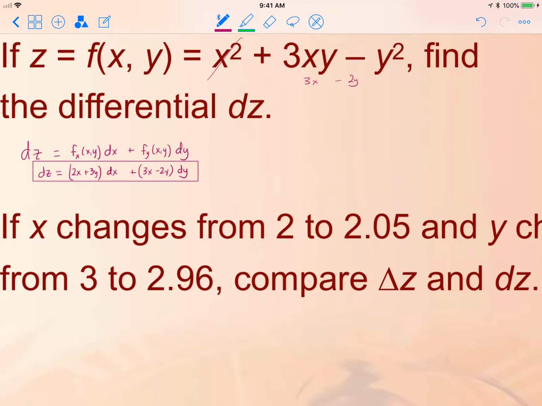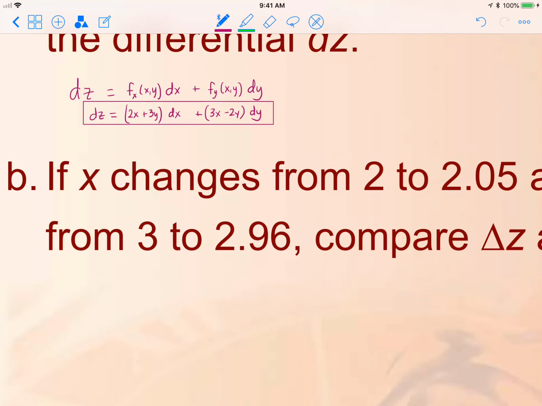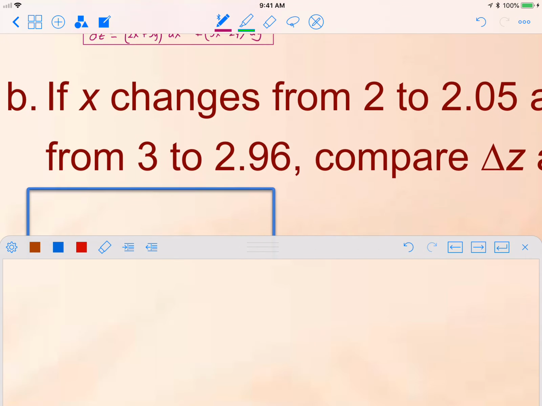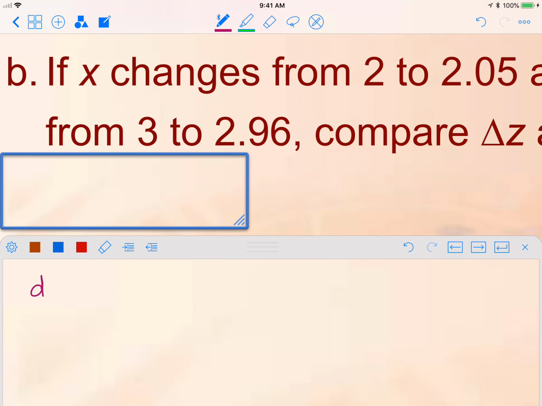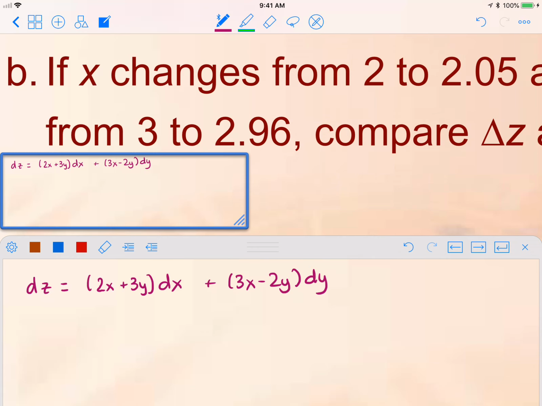Since we already have the formula for the differential, let's work with that first. Okay, so we know that dz is equal to 2x plus 3y dx plus 3x minus 2y times dy.